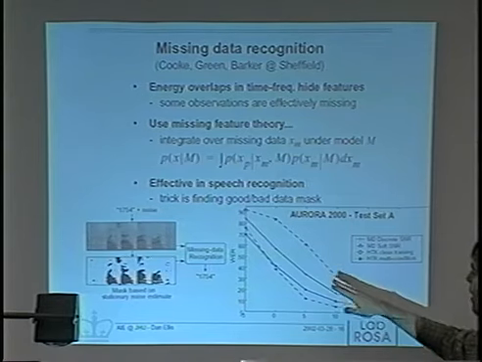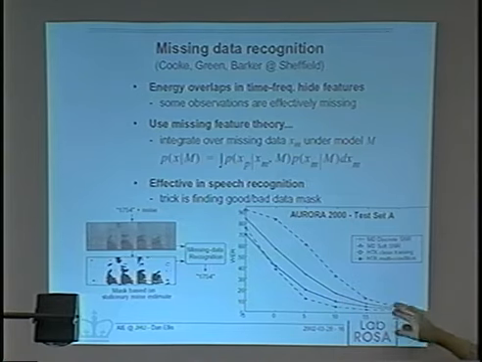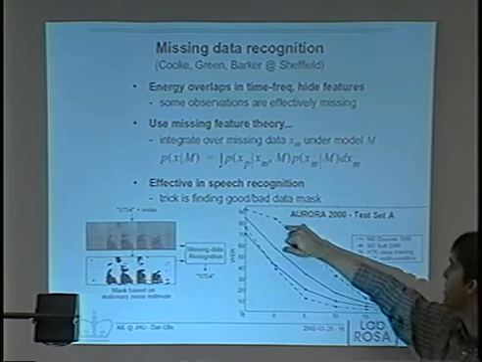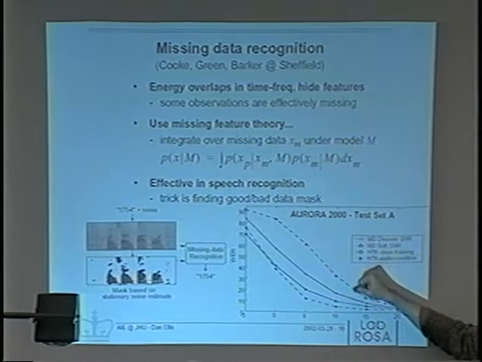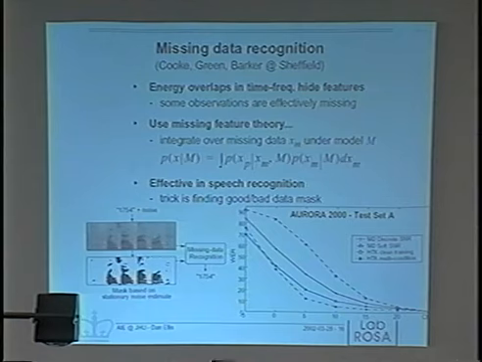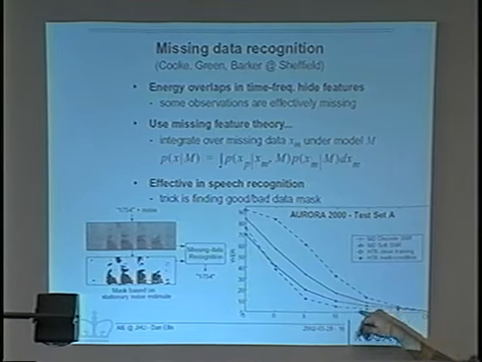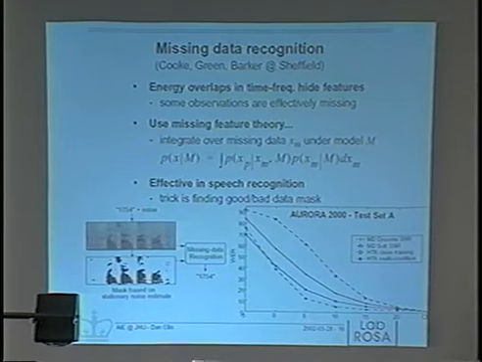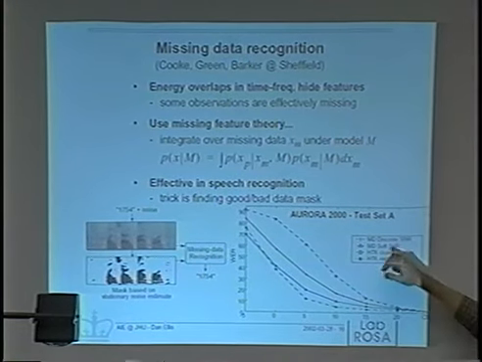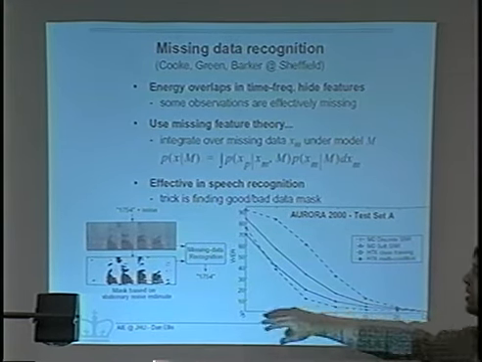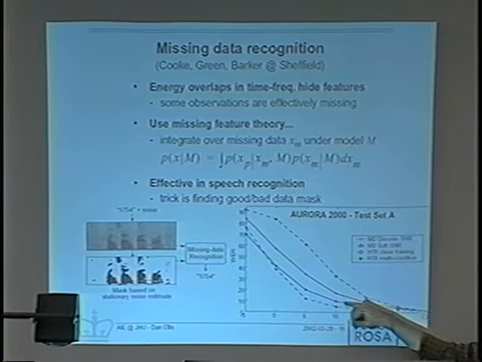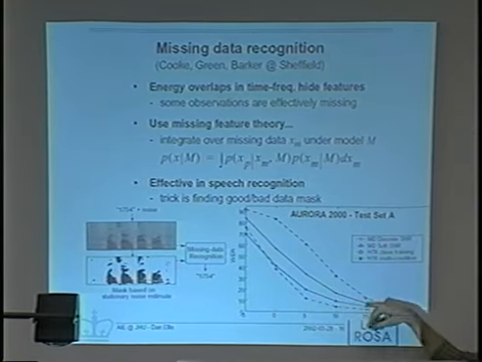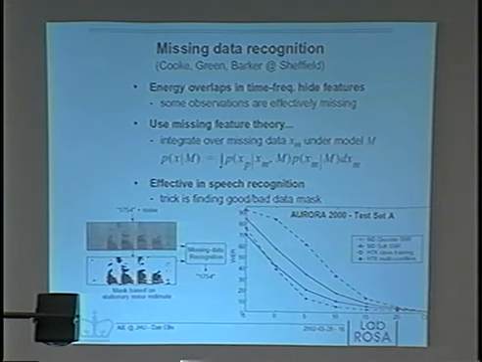And the kinds of results they get are shown here. This top line is the standard HTK result for this Aurora task. But if you only use the clean data for training, because this is what they're doing, they're not using multi-condition training now. The bottom line here is what you get with GMMs if you do multi-condition training. We're using only the clean data, but using this scheme to only recognize on certain parts of it, you can get recognition which holds up pretty well out to 5 dB, 0 dB SNR.